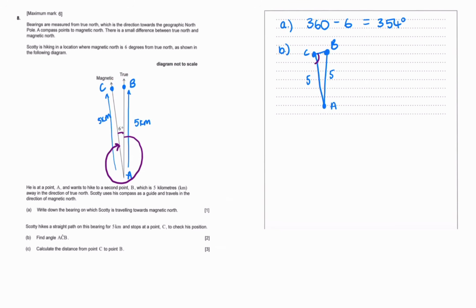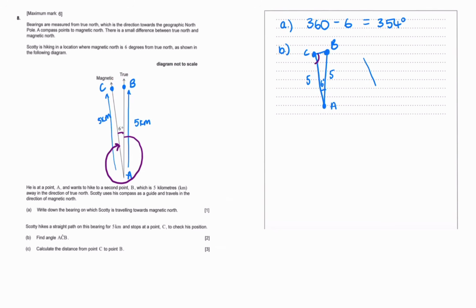So I'm trying to work out this angle. In order to do that, we know that the angle at the bottom is 6 degrees. We know that the two lengths are 5. Okay. Therefore, if we are trying to work out this missing angle, this is an isosceles triangle. They're both the same length, they're both 5.